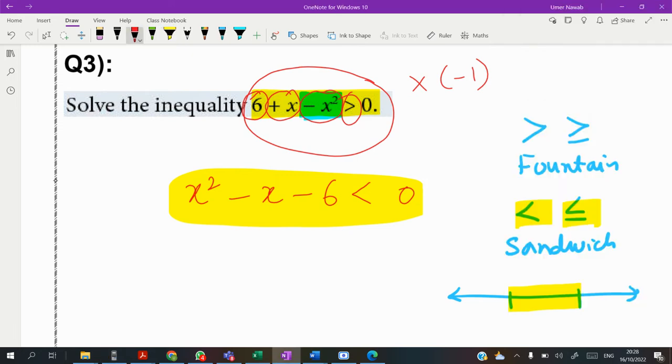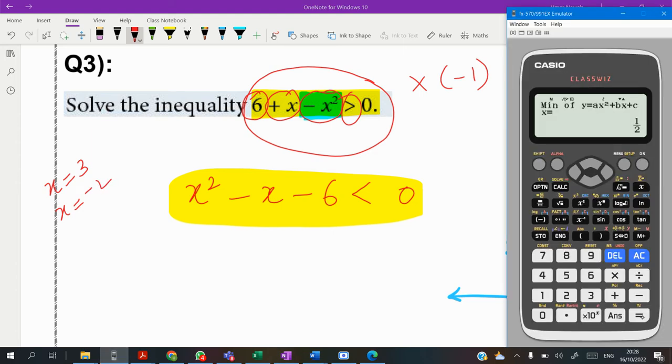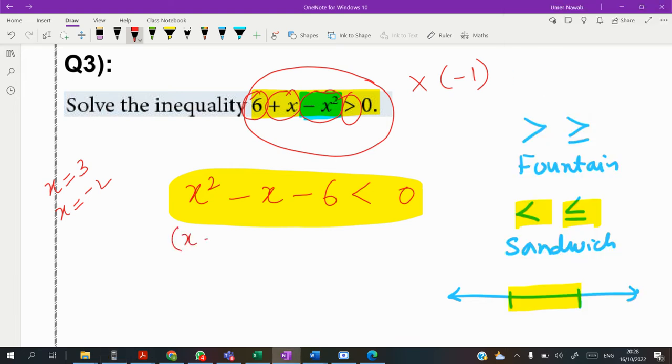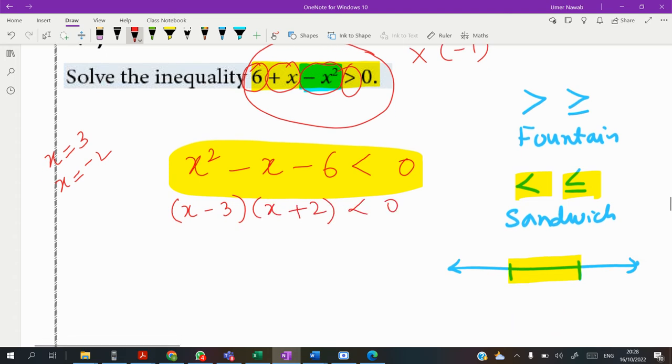So what are the critical points I got? 3 and -2. We go back, check if my answer is right. Yes, so in the factor form I write (x - 3)(x + 2) < 0.